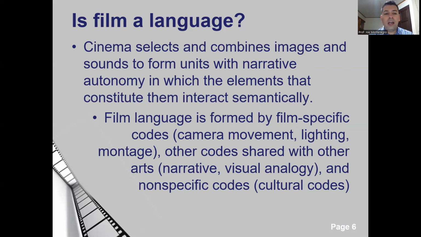Other codes that are cultural have to do with the country where the movie is produced, the language that is used in communicating the film, if it's for children, if it's intended for an older audience or a female audience, etc. All of those codes play an important role in how a movie communicates its message.